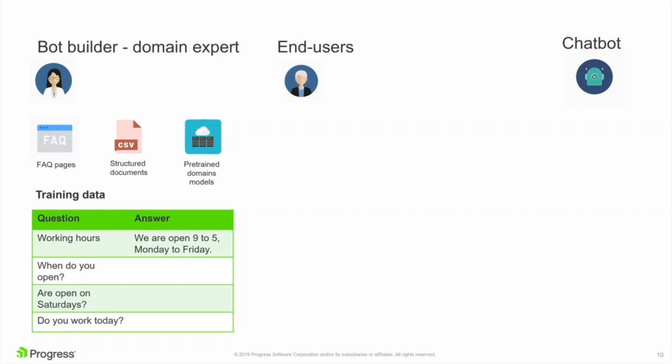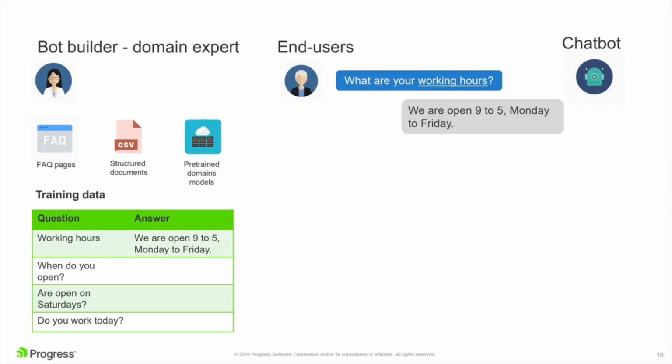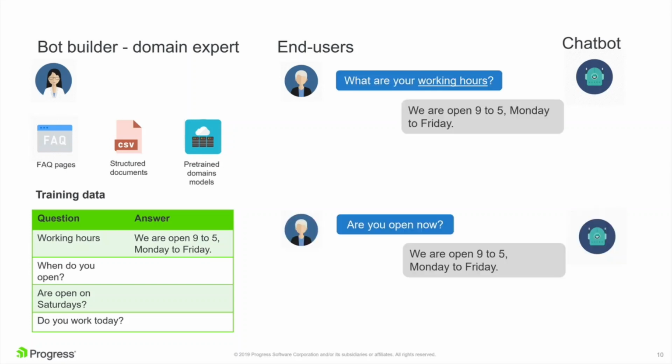You may also leverage pre-trained models, as this will lower the effort spent on your side and make the bot smarter. The example I have here contains 4 different ways to ask the question and all result with the same answer. As you can see, you can ask, "Are you open now?" and still get the answer even though this question is not part of the initial training data.